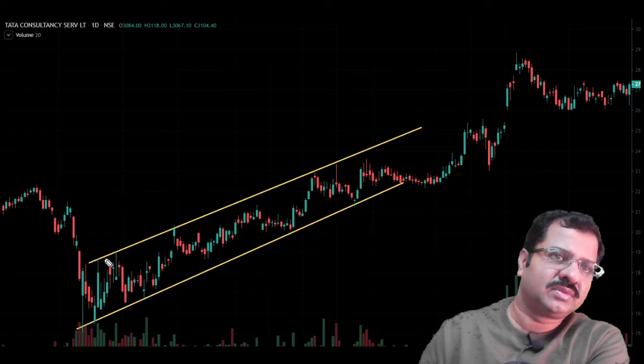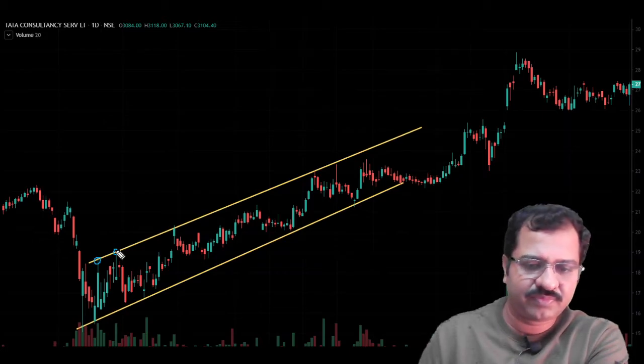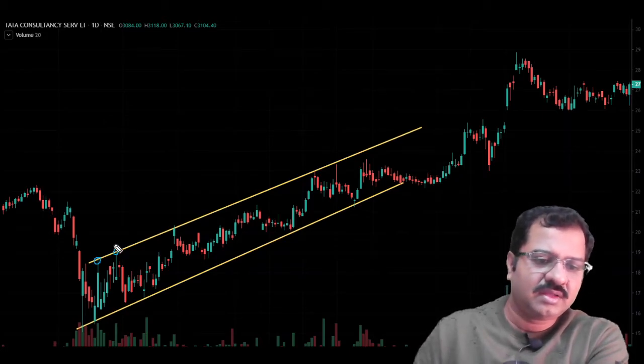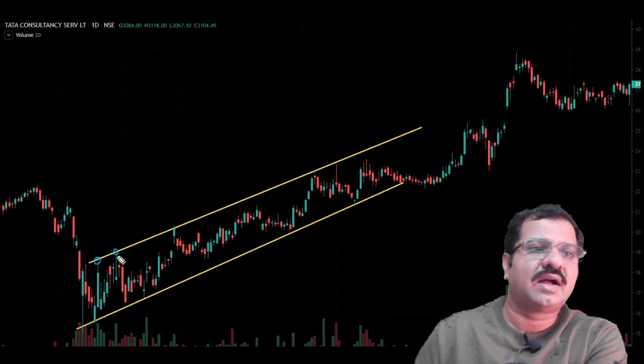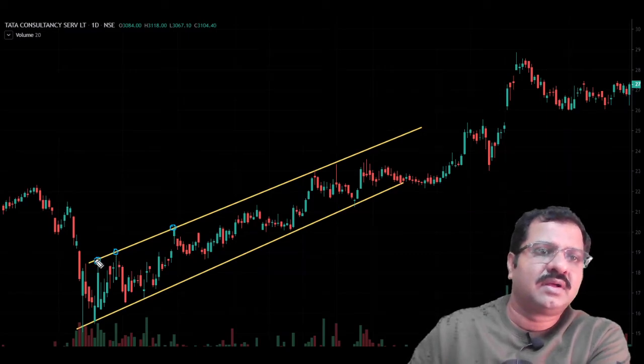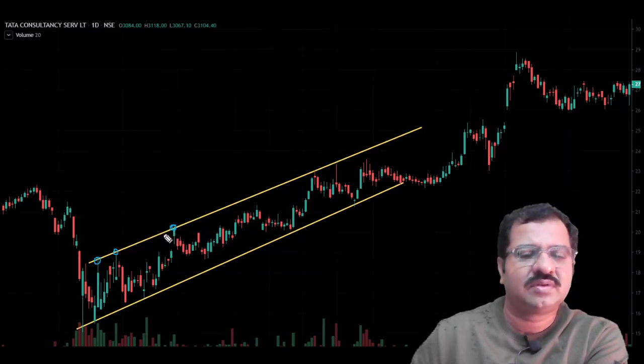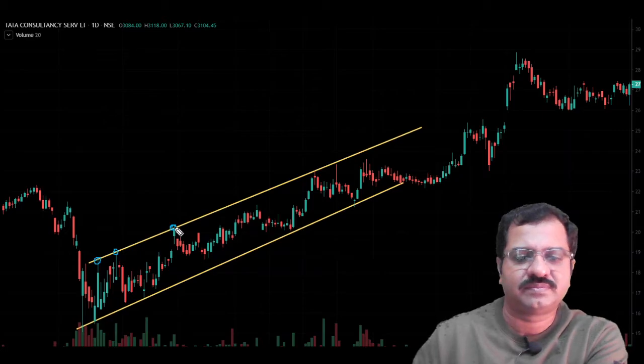Now see, this reversal point, this reversal point, fine. Now when the third reversal point happened, and if I draw a line connecting these two and extend, we see that price reversed from this trend line the third time.